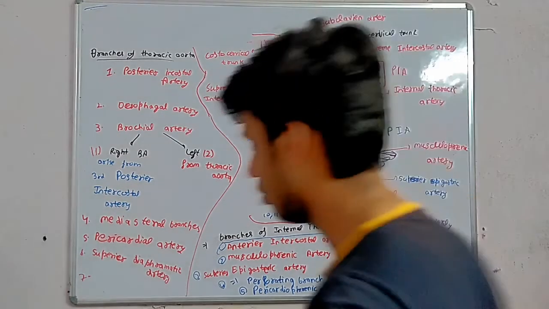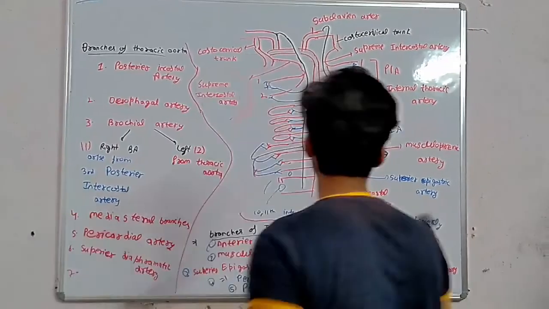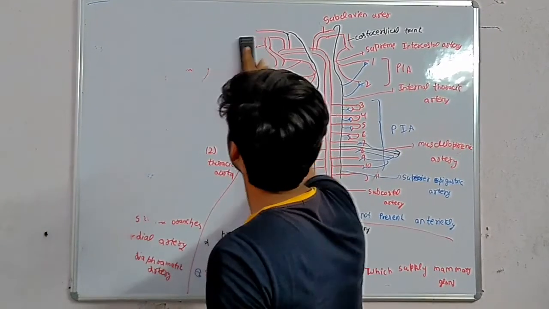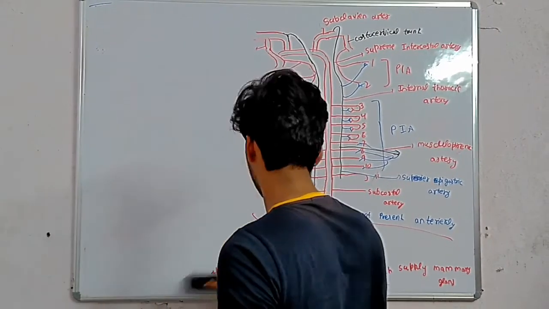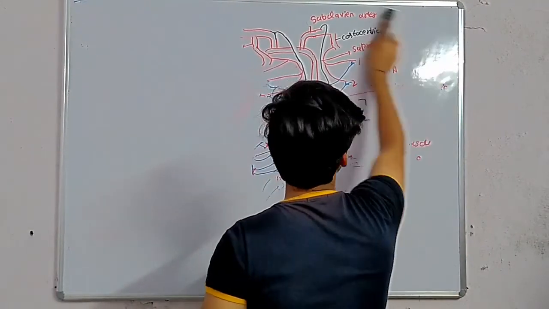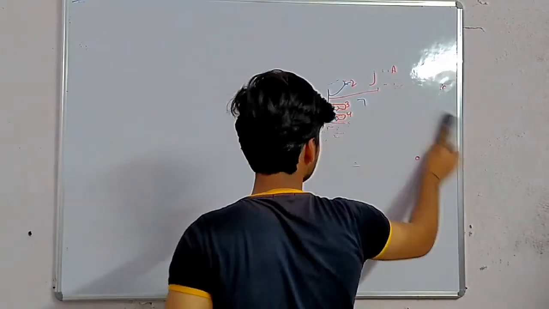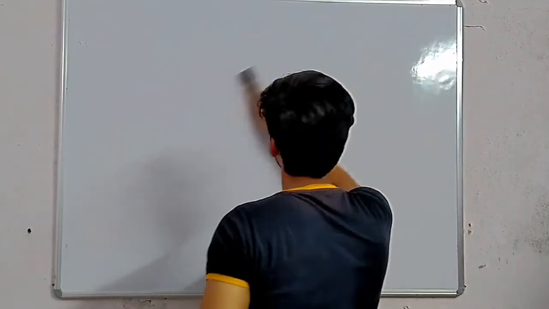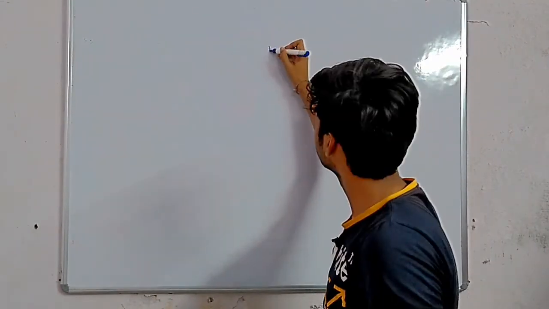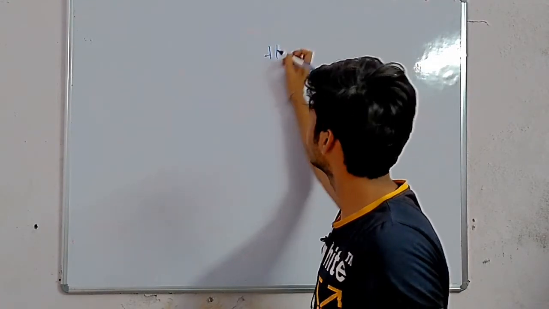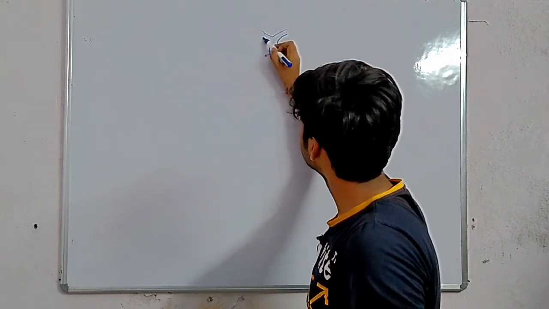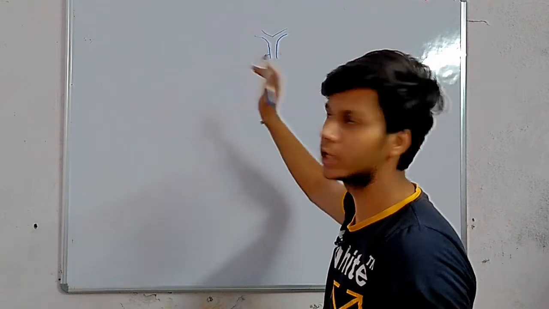Now come to the venous circulation. Venous circulation is much like arterial circulation, so it is easier. In venous circulation, the upper chamber of the heart receives the superior vena cava. The superior vena cava divides into two veins, the right and left brachiocephalic veins.